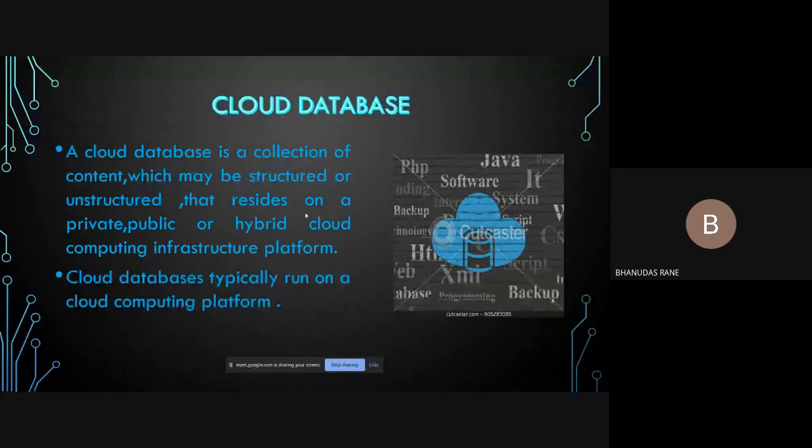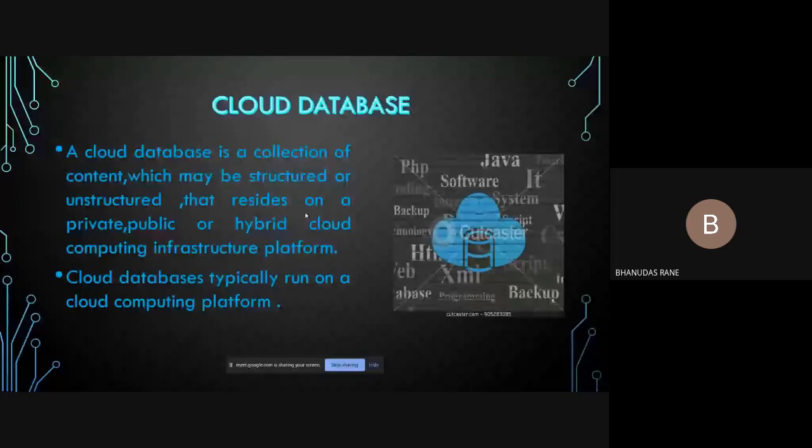Structured means it contains rows and columns, and the best examples of structured databases are MySQL or PostgreSQL. An unstructured database is a collection of documents, and it is a NoSQL database that resides on a private, public, or hybrid cloud computing infrastructure platform.